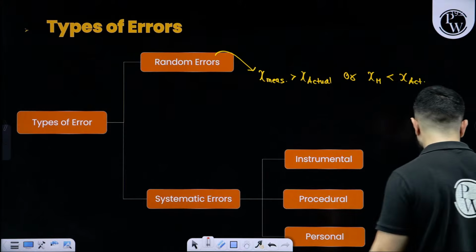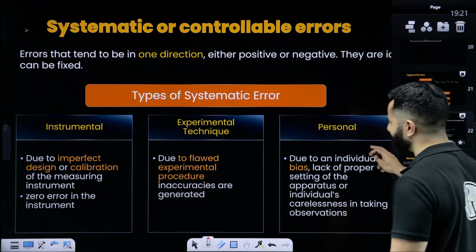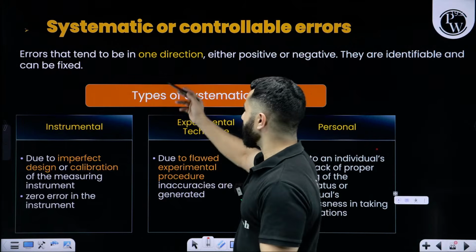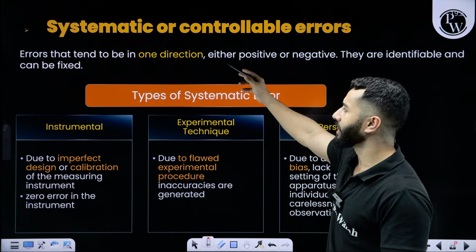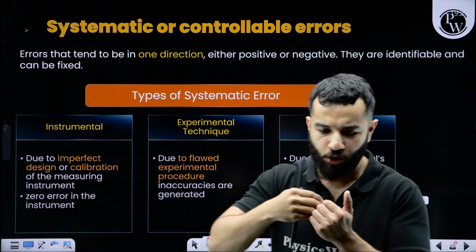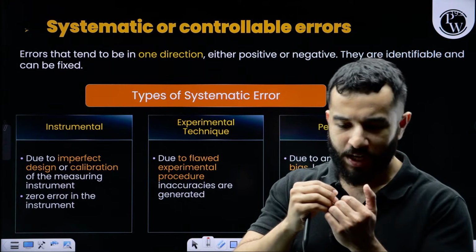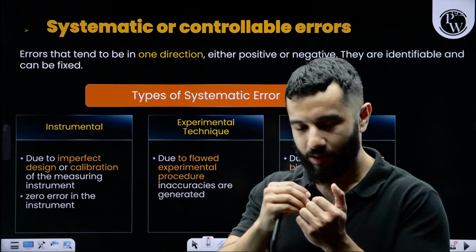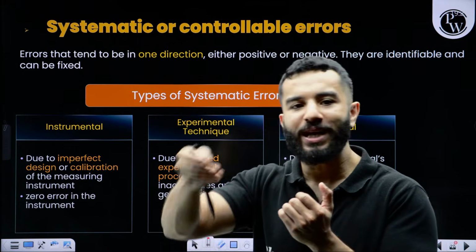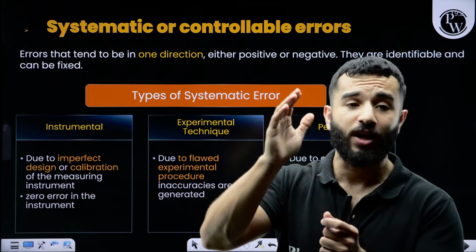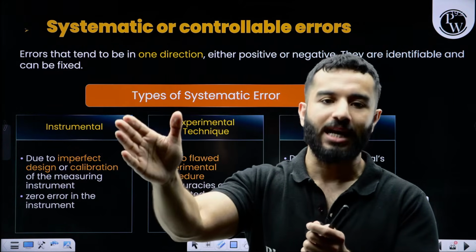We are going to read the definitions of each. Systematic or controlled errors are errors that tend to be in one direction. That means every time you take a reading, the measurement will be either greater than the actual value or less than the actual value. This is called error in one direction.